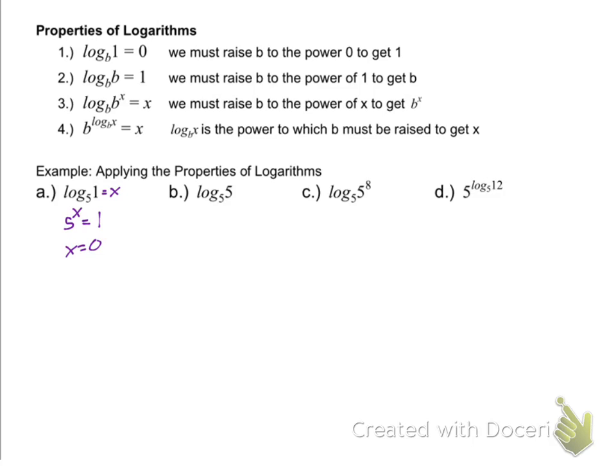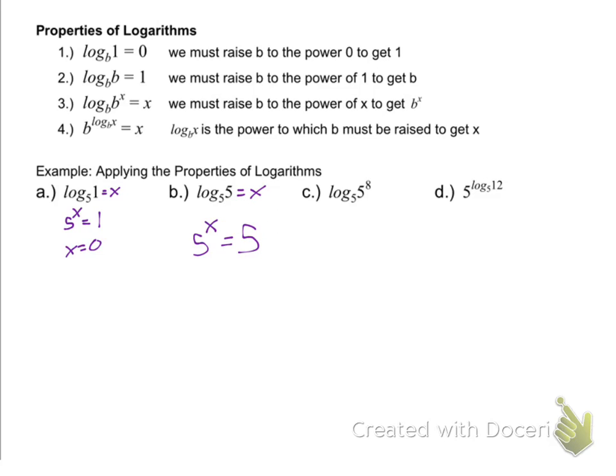You could think of it this way as well for part B. Log base 5 of 5, I don't know. Let me call that x then. That means 5 to some power is equal to 5. Right? 5 to the power of x is equal to 5.